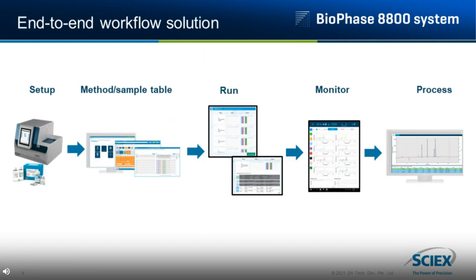So BioPhase is not intended to simply operate as just another instrument or an 8 capillary P100+ system. Rather, it incorporates an end-to-end workflow consisting of sample prep, system setup, and all the way to data processing.